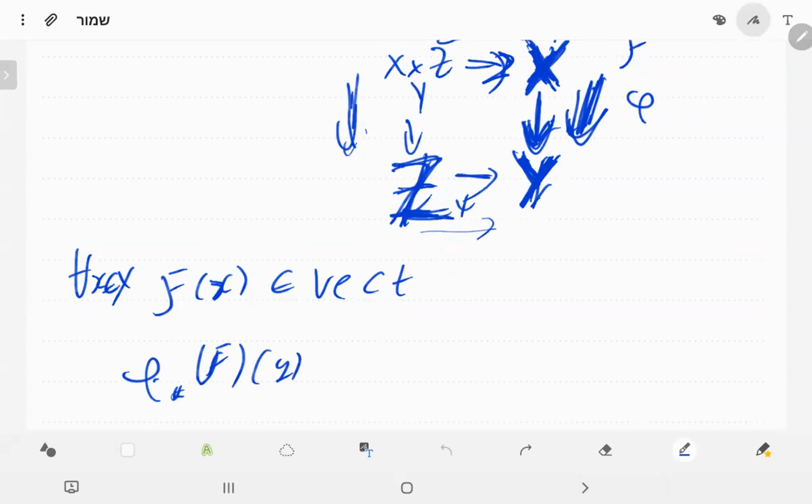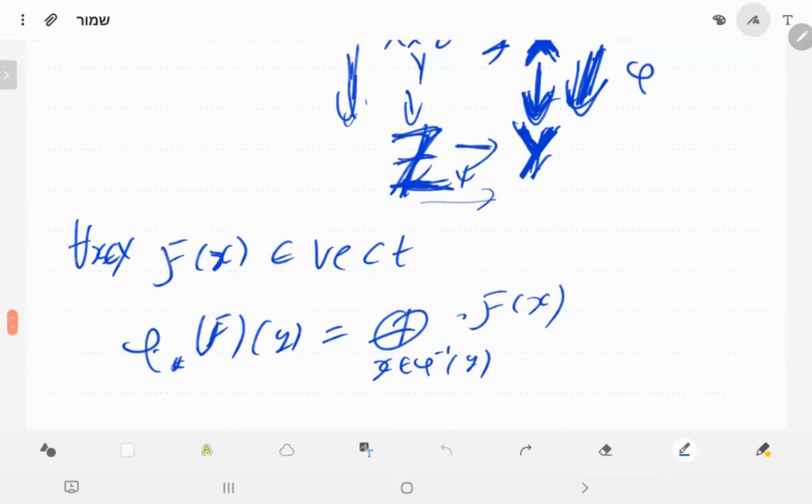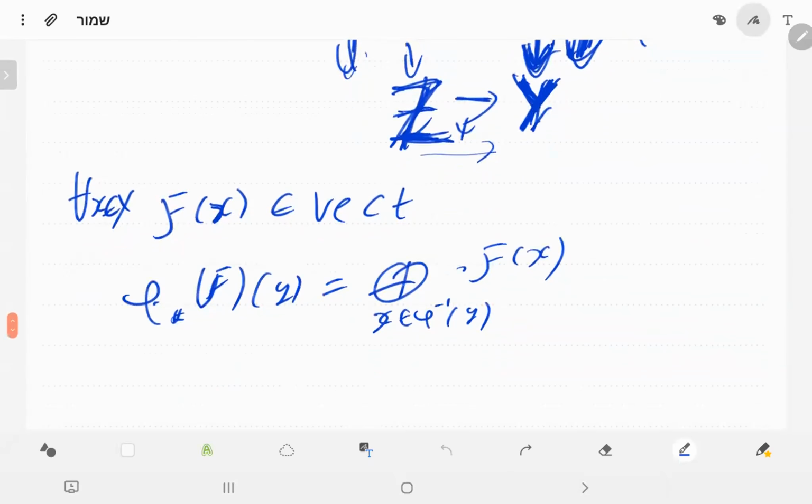So phi lower star of F at point y is just equal to the direct sum over all x in phi inverse of y of F of x. Now we want to do psi upper star of phi lower star of F. This is not a star, this is a shriek, because I took the direct sum and not the direct product.